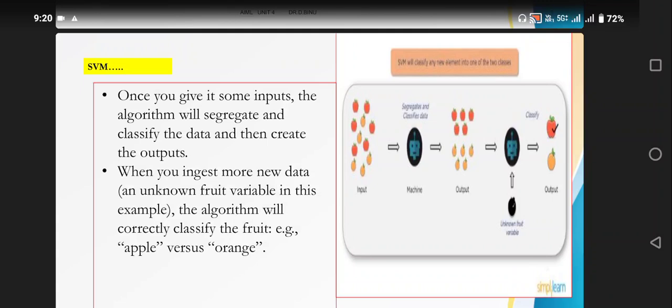Once you give it some input, the algorithm will segregate and classify the data and then create the output. When you give more data, that is, if an unknown fruit variable is given, it correctly classifies the fruit as either apple or orange.